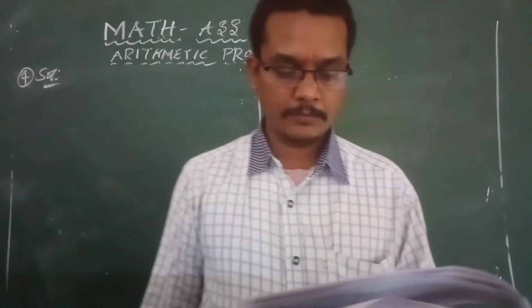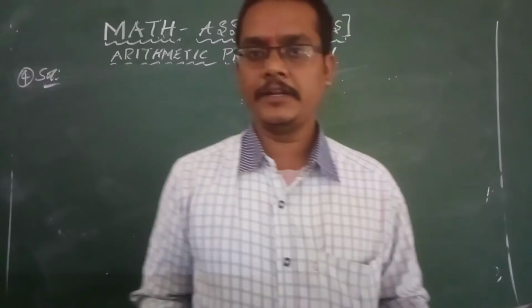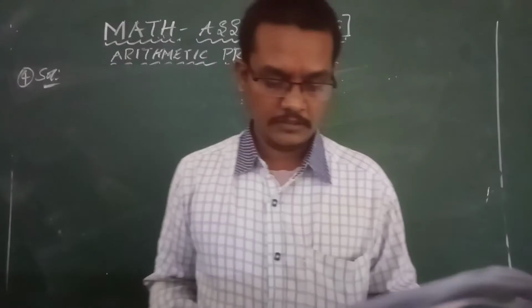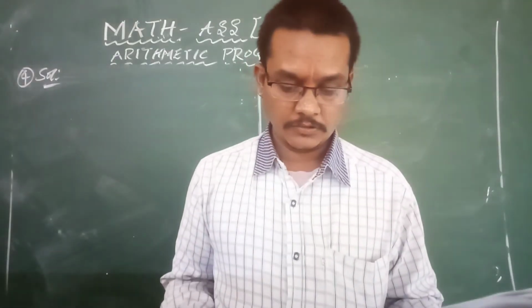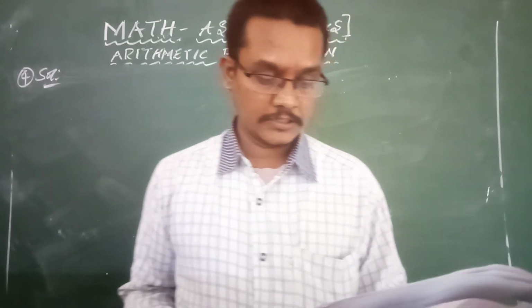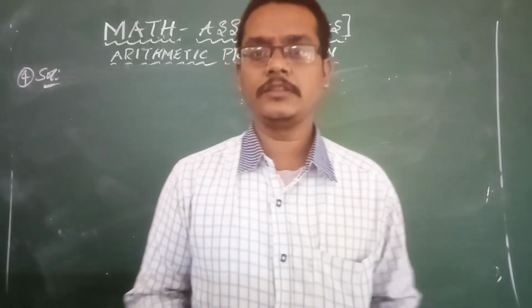A spiral is made up of a succession of semicircles. The radius of each spiral is equal to 0.5 centimeter, 1 centimeter, 1.5 centimeters, and 2 centimeters, and so on. So here how many total spirals are there? The number of spirals is 13, given.